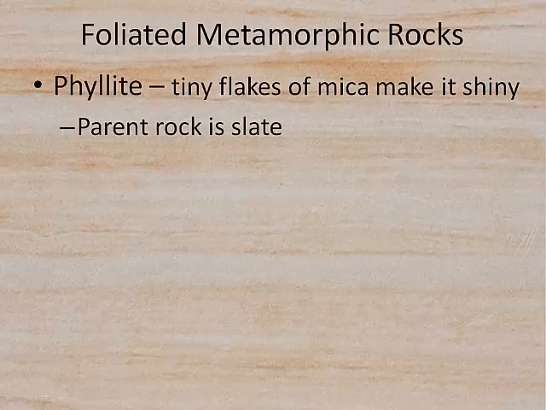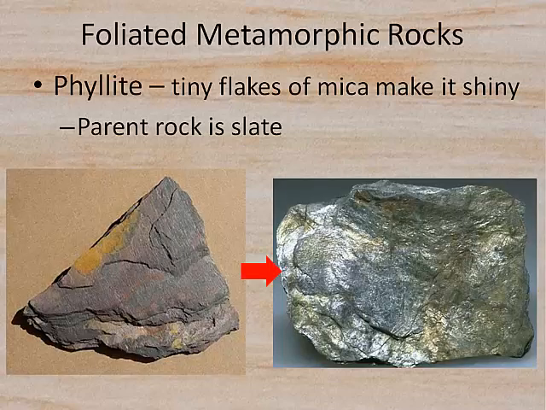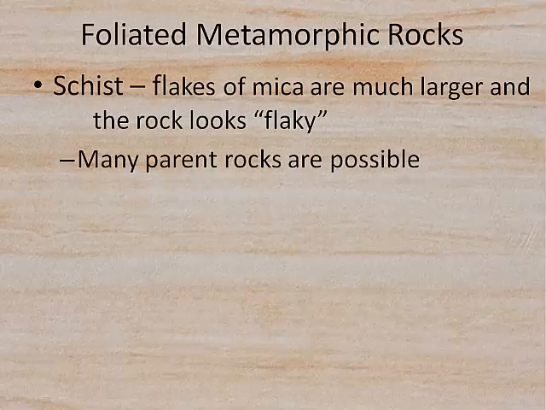Another type of foliated metamorphic rock is phyllite. If we take slate and subject it to even more heat and pressure, tiny flakes of mica will develop and make the phyllite look shiny. So if you look at it in the light, this is shiny, slate is dull. If we increase the heat and pressure, then phyllite will become schist.